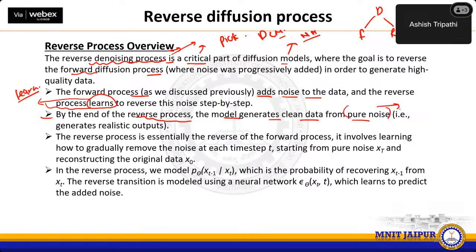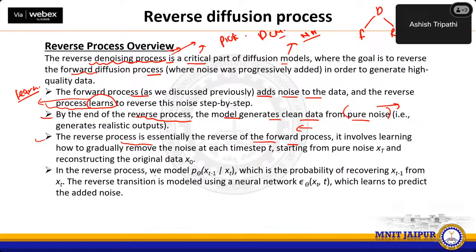No doubt this noise is pure, but it has been created by destructing the original image and adding randomly generated noise in a Gaussian way. So definitely, the reverse process is just the reverse of the forward process. What we have done in the forward process is noising, and in the reverse process we are just denoising it.